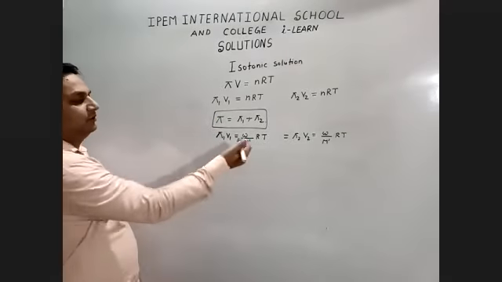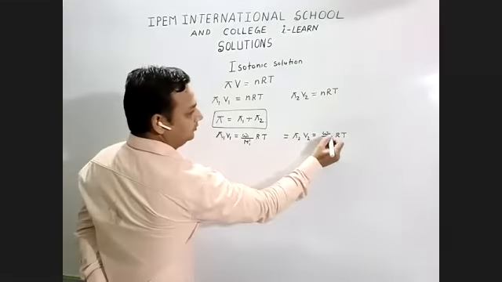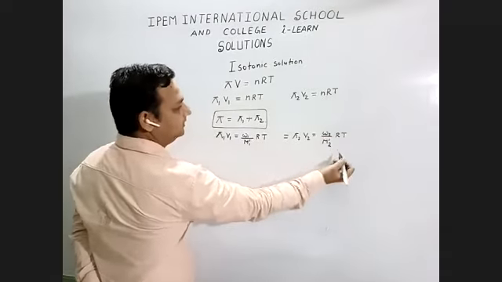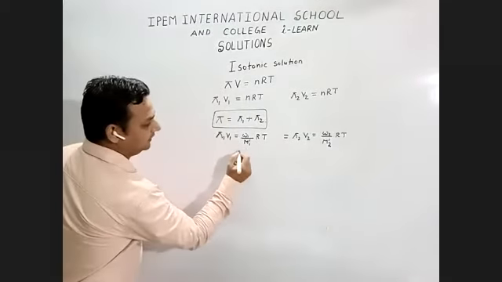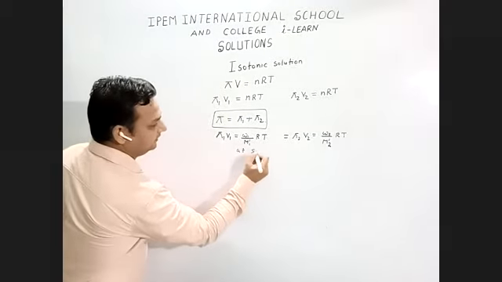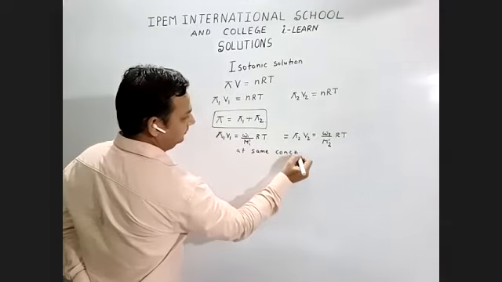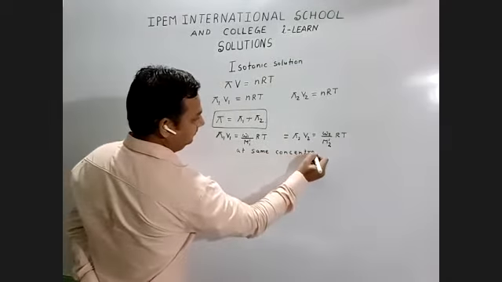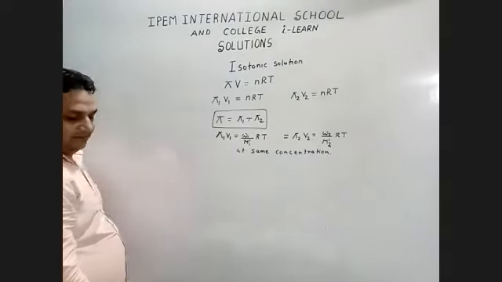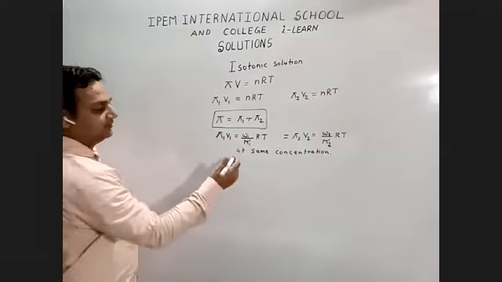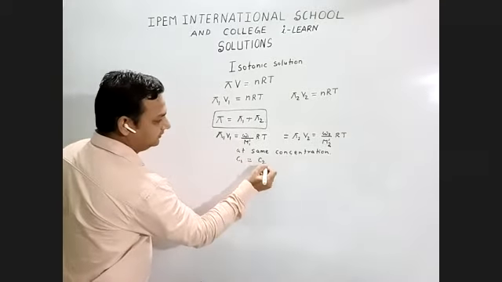Now the different solutes are there, so the solute values will also be different, W2. And isotonic solutions have the same concentration. Same concentration means the molar concentrations are the same, that is C1 is equal to C2.